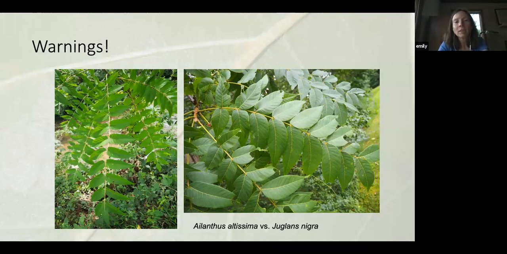But the Ailanthus has a little appendage that comes out on the leaf that has a gland on it. Oh, it's Tree of Heaven. Sorry, yeah. Someone just did a charade for me to get that. I'm really impressed. So the Ailanthus has a little bit of an appendage on the bottom part of the leaflet that has a gland on it. That's a really easy way to tell these apart. So that's my warning and heads up between those two.